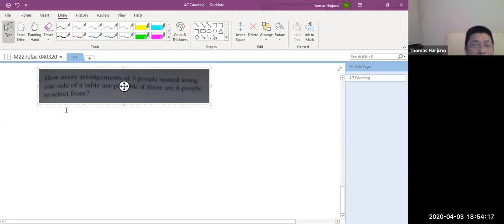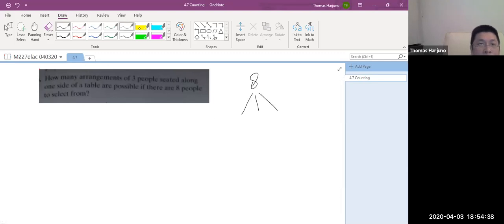How many arrangements of 3 people seated along one side of the table are possible if there are 8 people to select from? So you have 8 people, and you want to select 3. Now they use the word arrangement, which means the order is important.